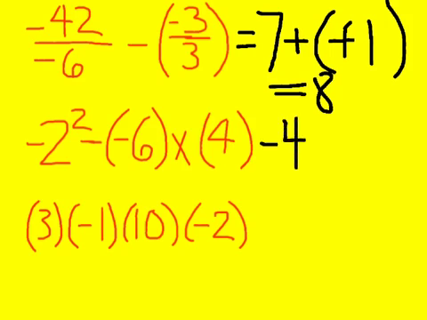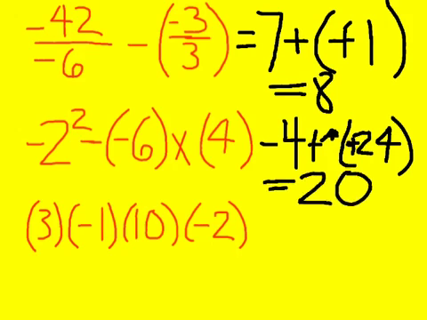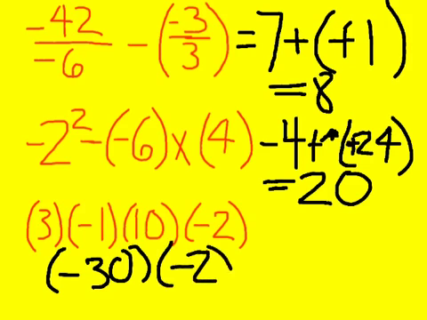So that will be negative 4 minus negative 6 times 4 will give us negative 24. Negative 24. When we're subtracting a negative, change it to plus positive. So negative 24 plus 24 will give us 20. For the last one, 3 times negative 1 is negative 3. Negative 3 times 10 will give us negative 30. And negative 30 times negative 2 gives us a positive 60.